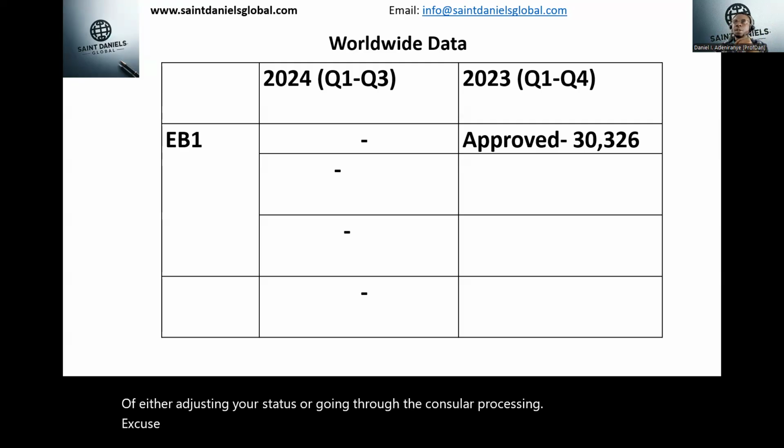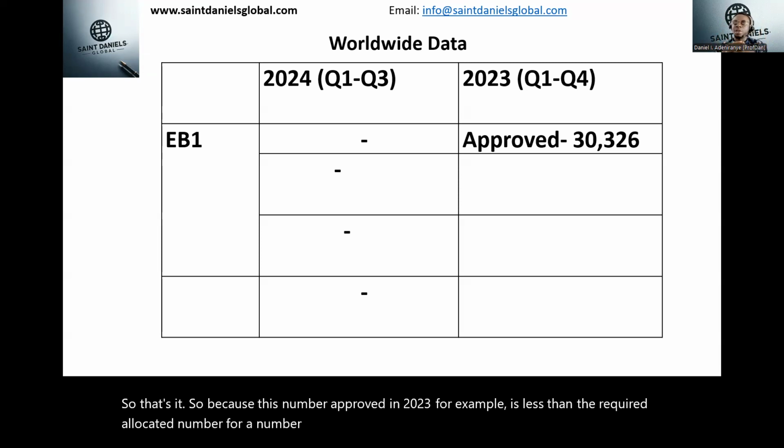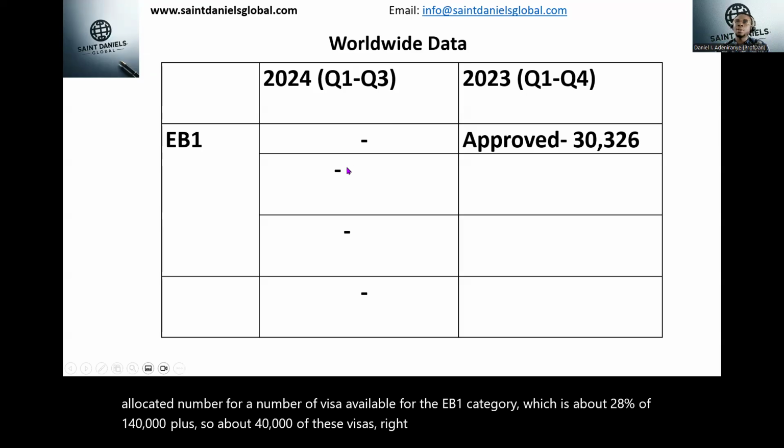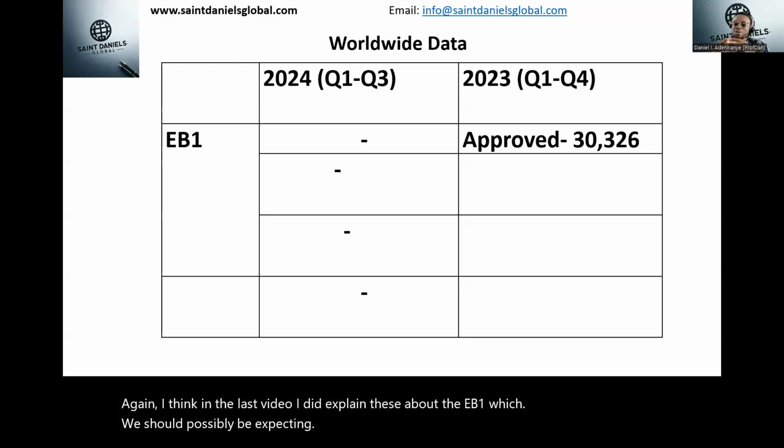So because the number approved in 2023 is less than the allocated number of visas available for the EB1 category, which is about 28% of 140,000 plus, so about 40,000 of these visas, right? In the last video, I did explain this about the EB1, that we should possibly be expecting oversubscription due to more people now applying.